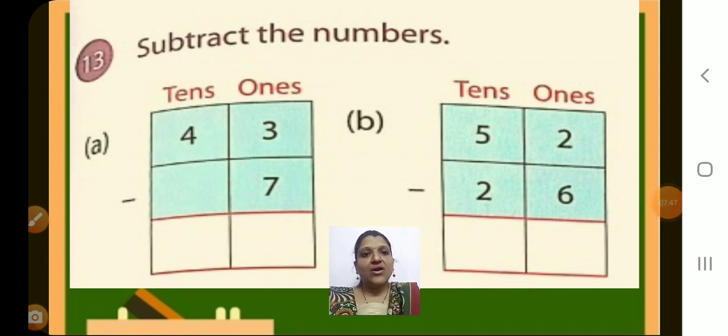This is how we do subtraction by borrowing. Now let us solve some more examples. 43 minus 7. Now see children, the numbers in the ones place: 7 is bigger than 3, so we cannot subtract it from 3. So we have to borrow 1 from the tens place. So how will we write it?